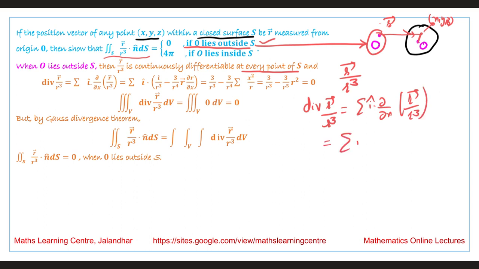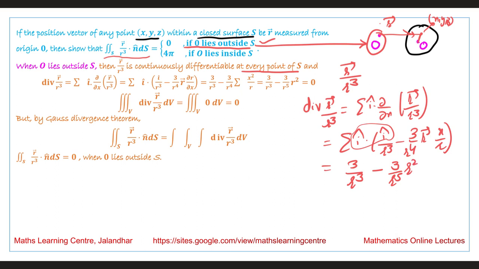This is equal to sigma i cap dot i cap by r cube minus 3 by r^4 times r vector ∂r/∂x, which is x by r. So if we add these values, i dot i is 1 plus 1 plus 1, that is 3 by r cube, minus the next value, which is 3 by r^5 into r square. So the answer we obtain is 0.